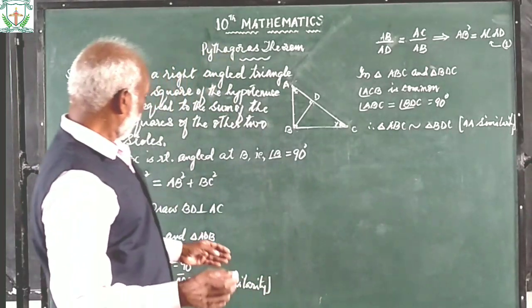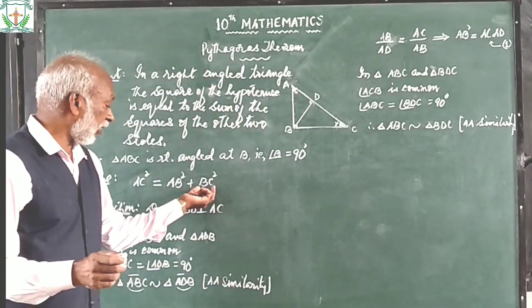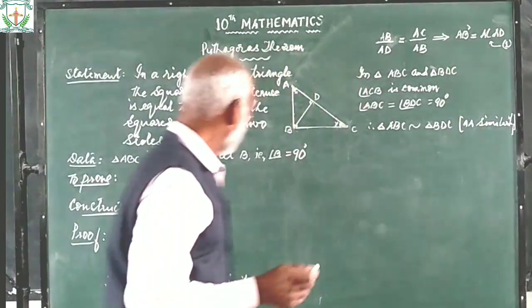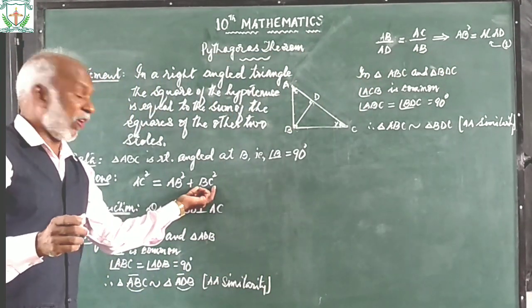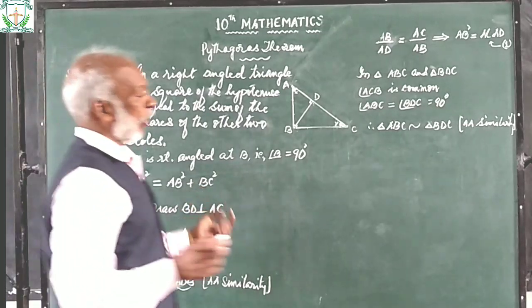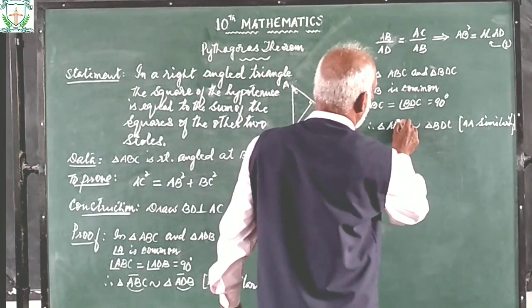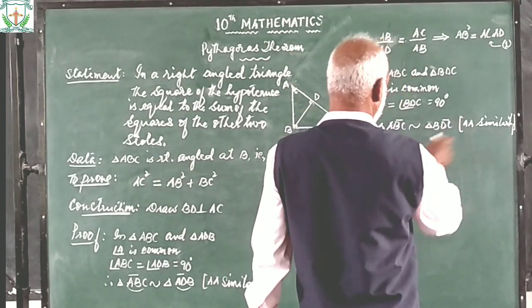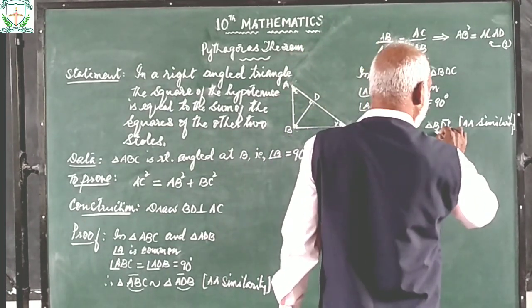Similarity. So from this, you want to get this side. AB square we have found. Now let us find BC square. So BC is this. Here it is BC. Now one more BC is here.